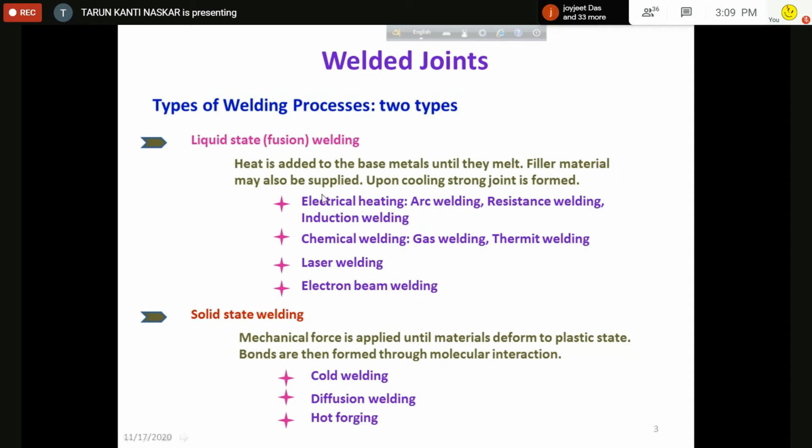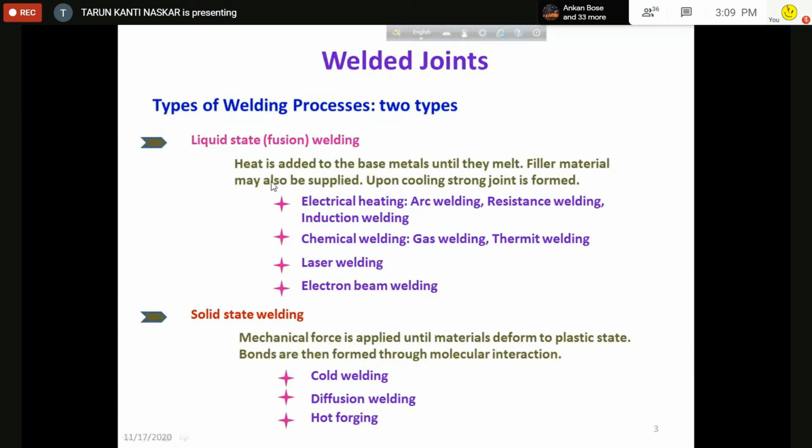So these are the 2 types of weldment joint: liquid state and solid state. Here heat is added for making the metal melt, and then the welding is done.